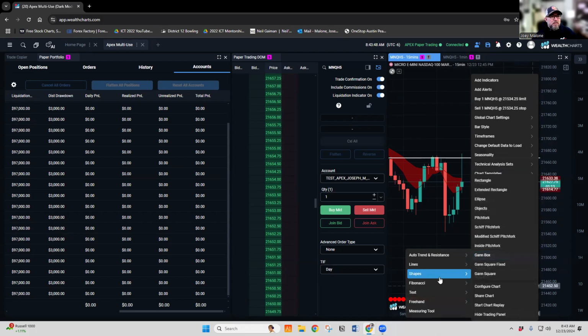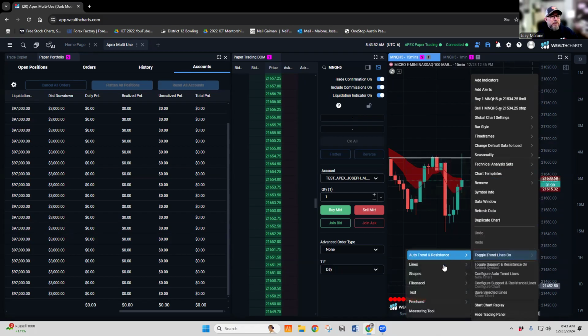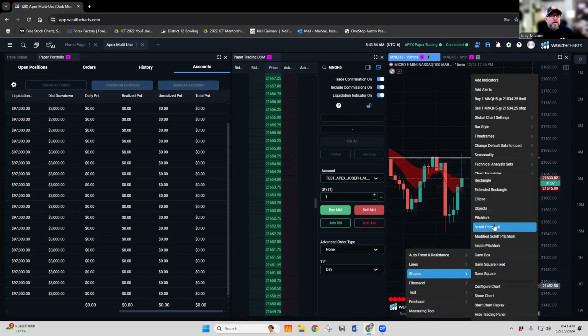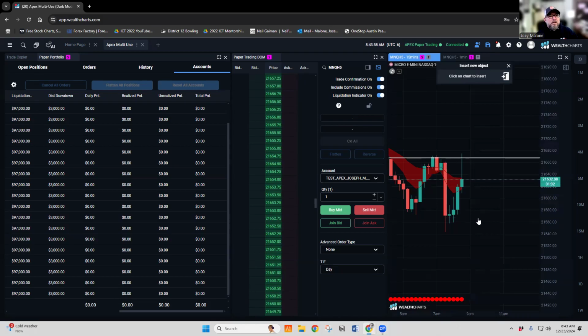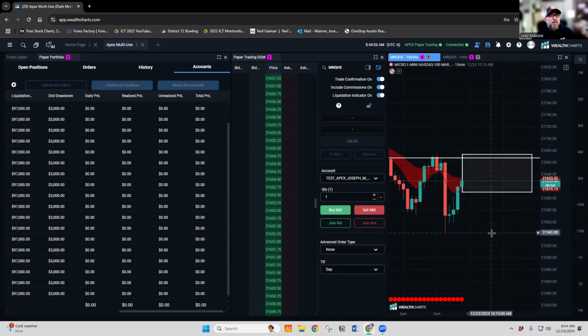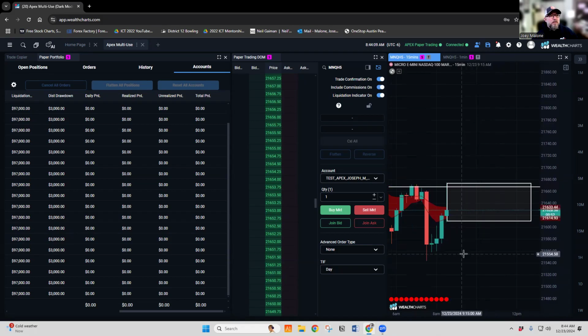Some people will draw lines, but I think it might do a little bit better just to put a rectangle around it. So let's do this. There's still a minute left, but this is how it would look right here. That would be the 15-minute opening range.